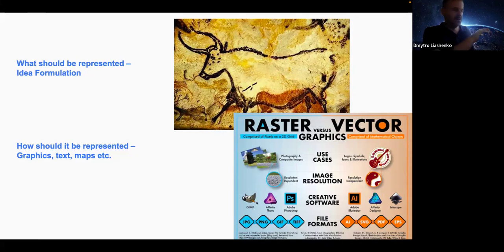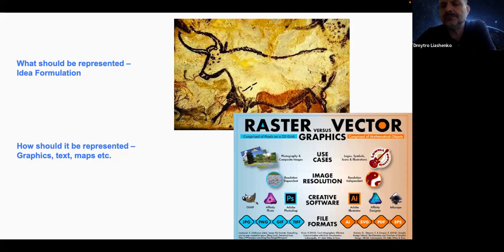Another kind of graphic is, of course, vector graphic. And we use vector graphic to represent our statistical data with dashboards, graphs.